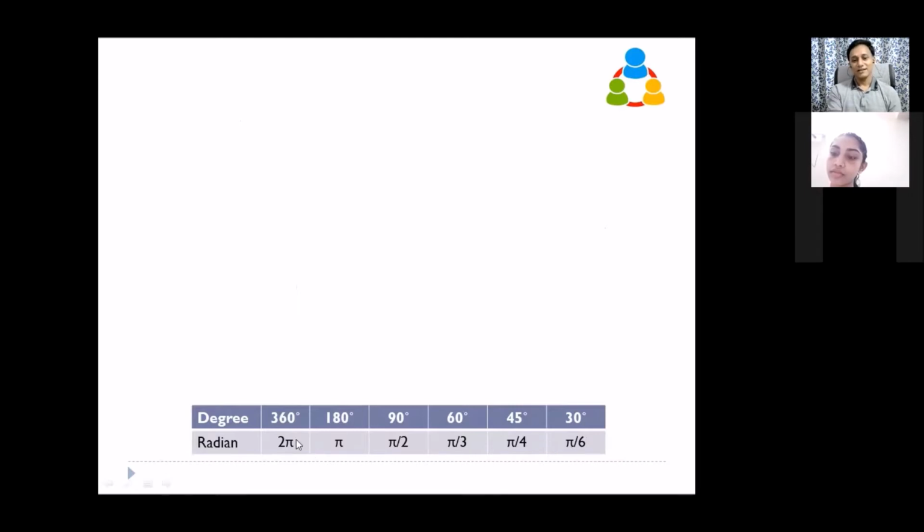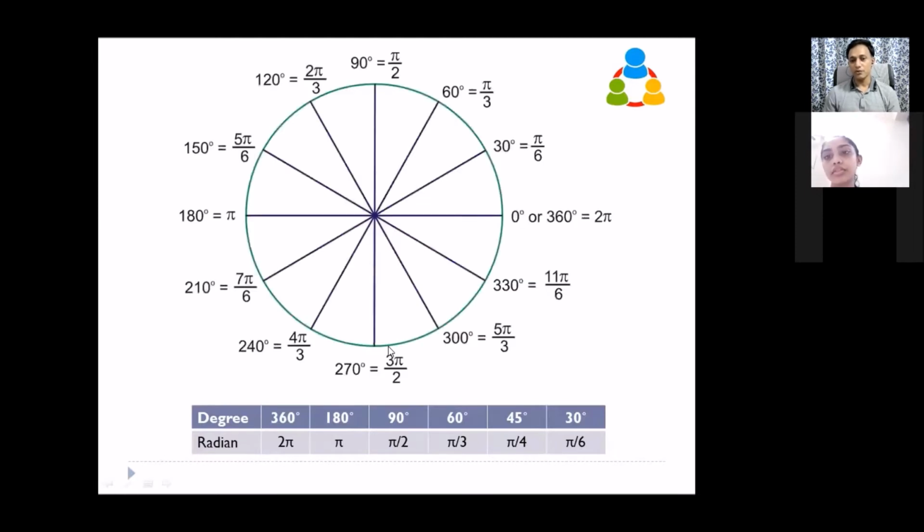Okay. So 360 is 2 pi, 180 is pi, 90 is pi by 2, 60 is pi by 3, which is 180 by 3. 45 is 90 by 2, so pi by 4. 30 is 180 by 6 or pi by 6. Get it? If you put it pictorially, this is 0, 180 is pi, 90 is pi by 2, 270 is 3 pi by 2.